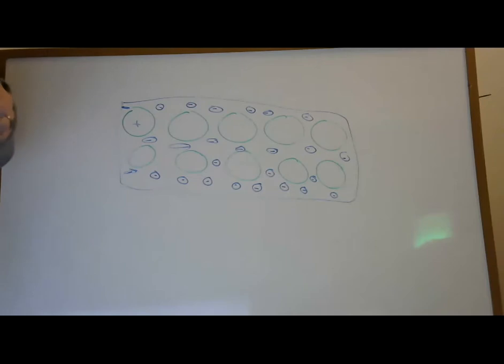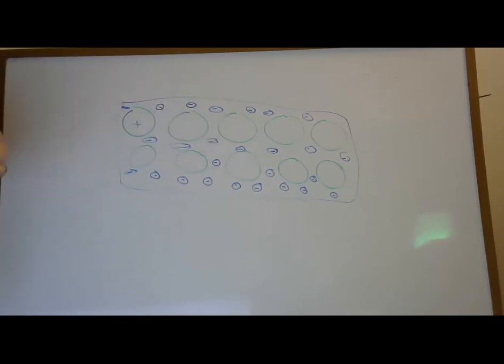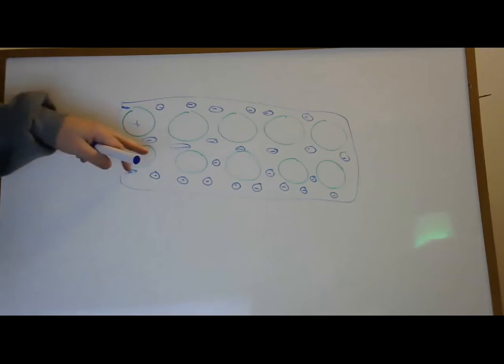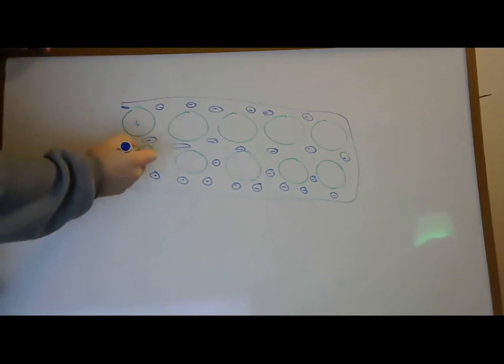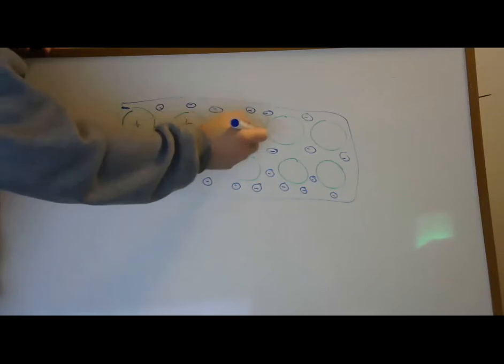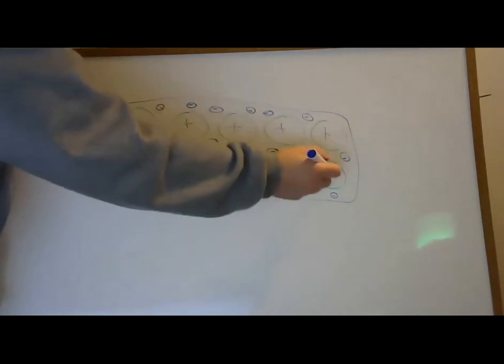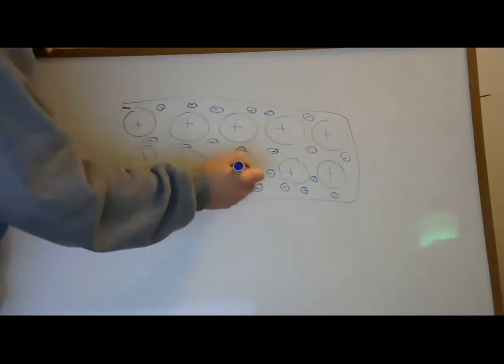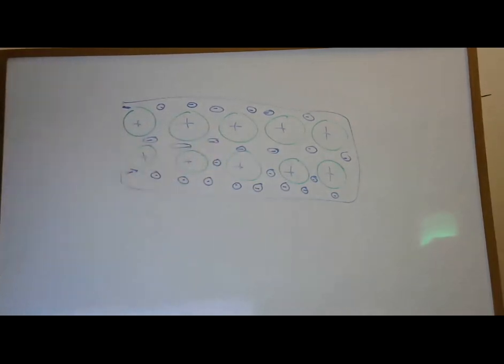The atoms become positive ions and they're attracted to the electrons. So these positive metal ions should repel each other, but they don't because of the sea of negatively charged electrons.